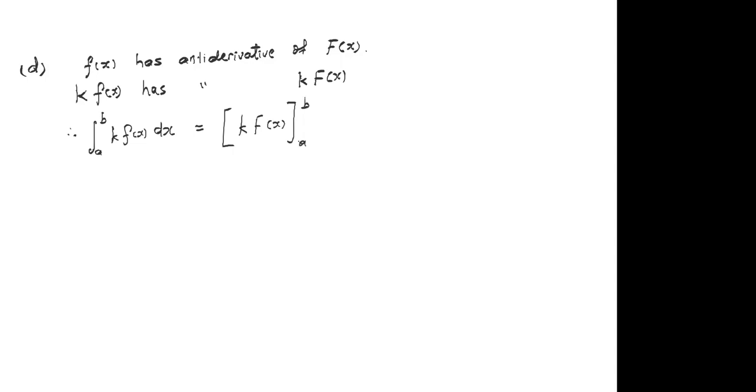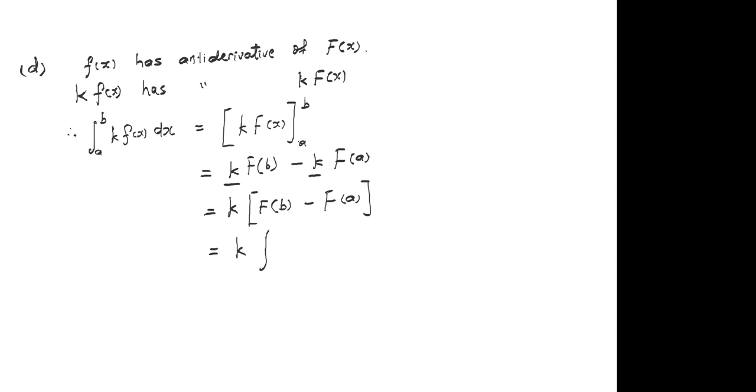So this will be equal to k times F(b), take away k times F(a). So common factor is k. So I take out the k. So F(b) minus F(a). Close. So this is equal to k times of, this one I change it back to the integral form.